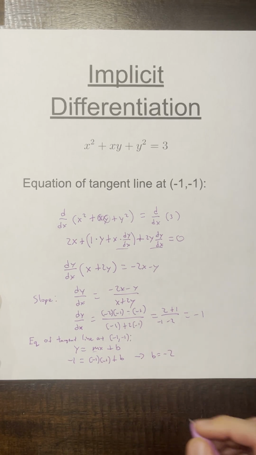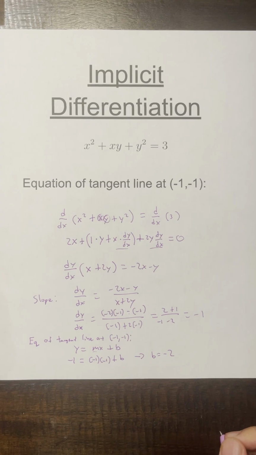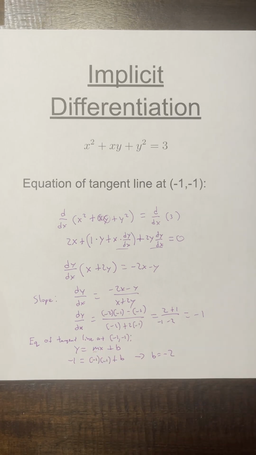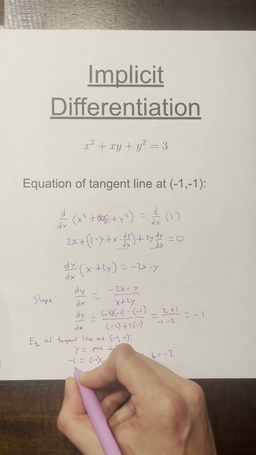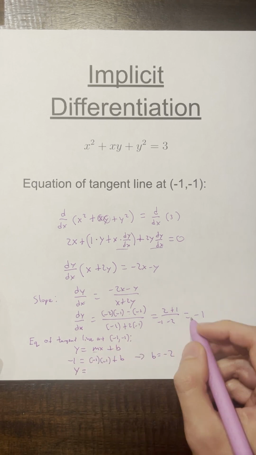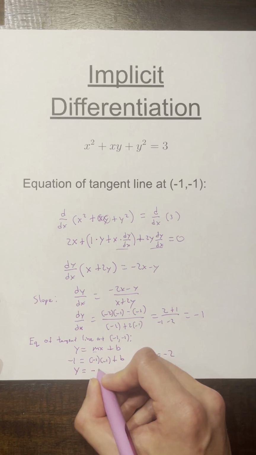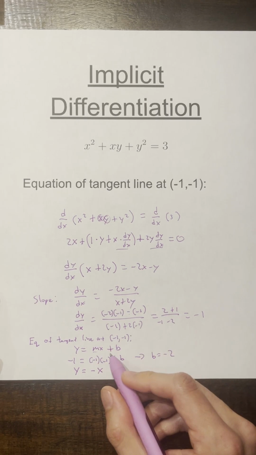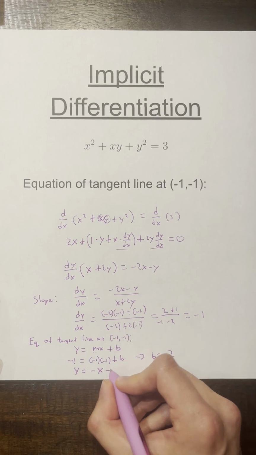So the final equation for the line is going to be what? So let's go back to this and plug in everything. Plug in m and b. So y is equal to -1 times x, so -x, and then plus -2, so -2.